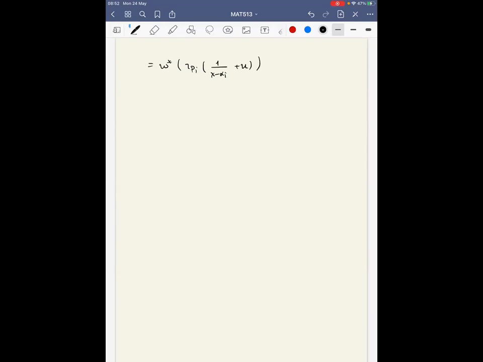And in this case, we can see that this is equal to 1. Or maybe it might be better to write, by using the linearity, this is going to be u, and this is going to be 1, and indeed this is why this is equal to 1.